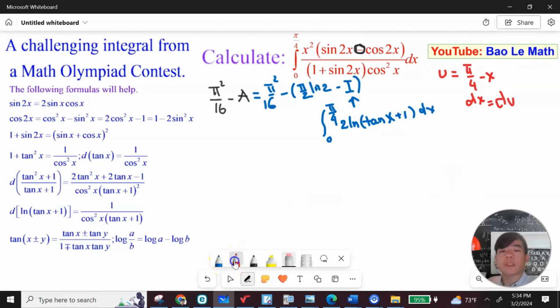All right, so it's going to be equal to the integral from, now s equals 0, u equals pi over 4, right? Sorry, this is pi over 4. Pi over 4 to 0. Okay, now we have ds equal negative du, right?